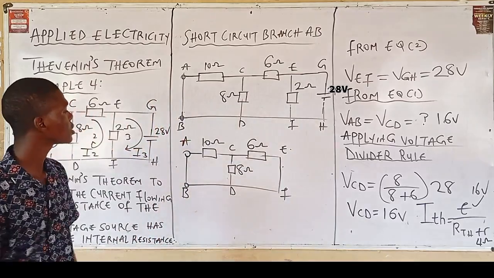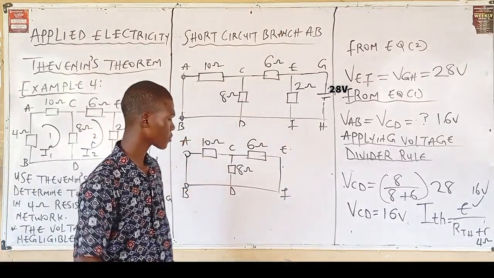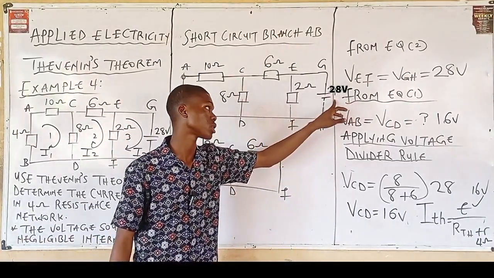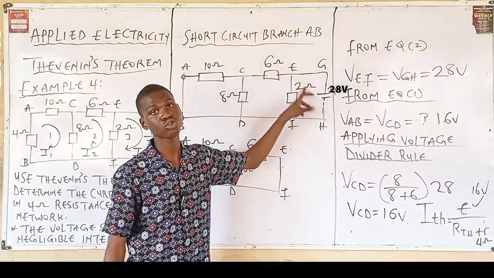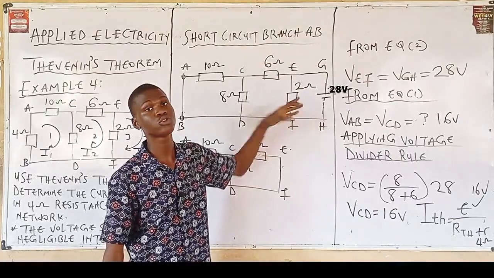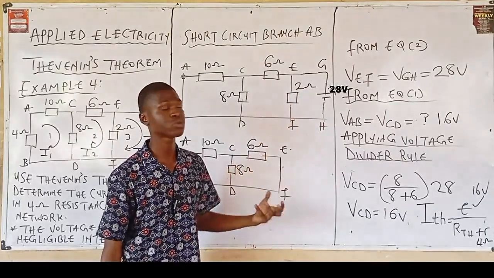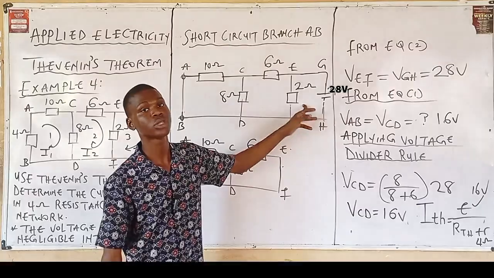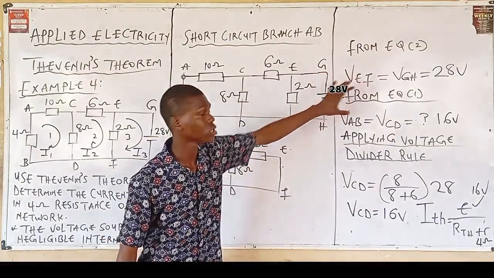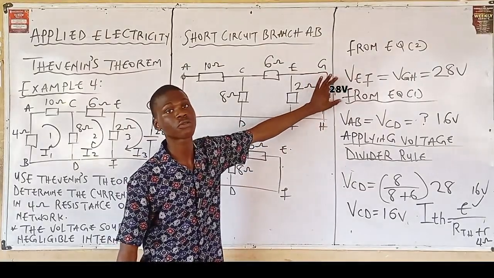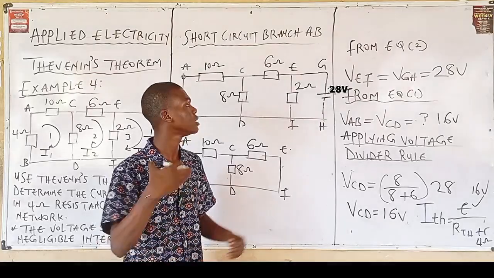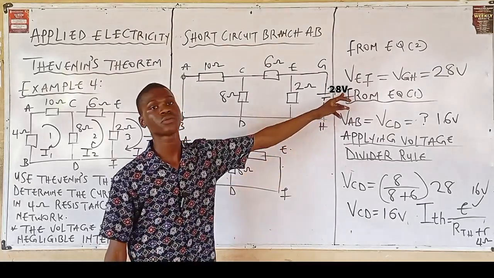Alright, now from here, this is my diagram. We've removed this 24 volts and we've also removed this 2 ohms. Now, I believe you know why we remove these 2 ohms: because the 2 ohms is in loop 3. As you remove the 24 volts, you're also removing the 2 ohms, replacing it with the internal resistance of this 24 volts.